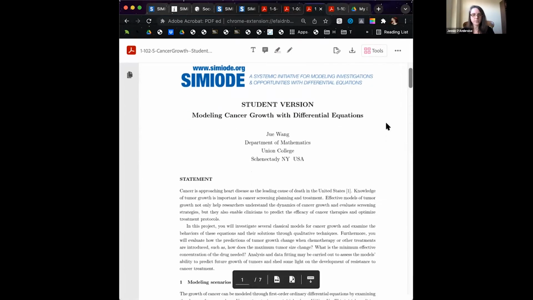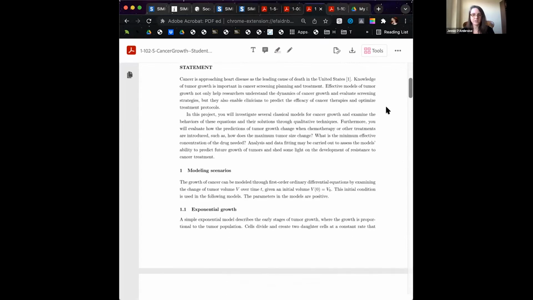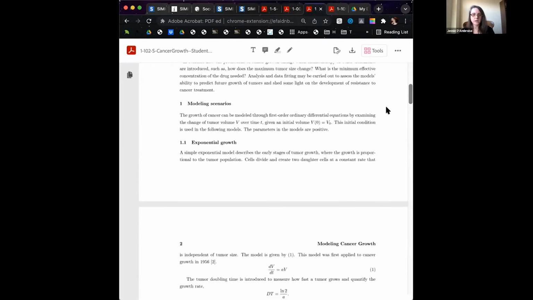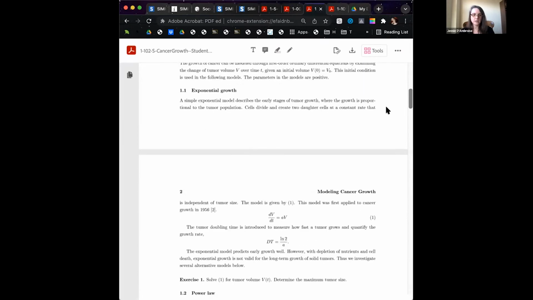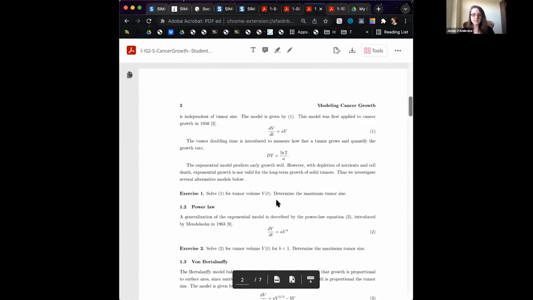If you scroll through this SIMIODE lab real quick, you can see that it gets pretty serious really fast. So how am I going to do this with Calculus 1 students? That's what I'm thinking about. First of all, she introduces exponential growth, and it says, determine the maximum tumor size.